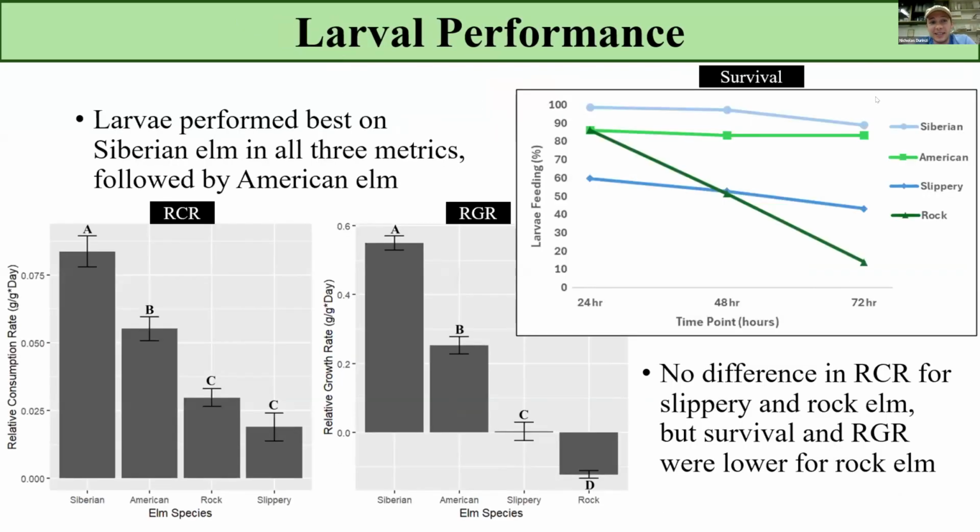As far as larval performance, they performed best on Siberian elm in all three of the metrics that we were testing, which indicates that this is likely their preferred host species. They were also one of the most preferred species in the preference studies. American elm was right behind Siberian, and then our less abundant slippery and rock elms were definitely the lowest.